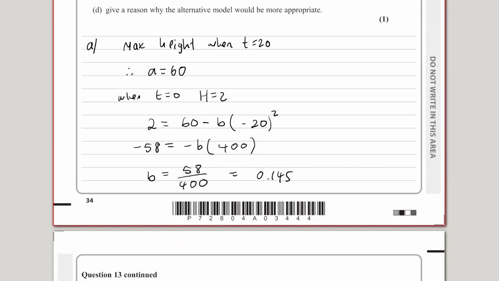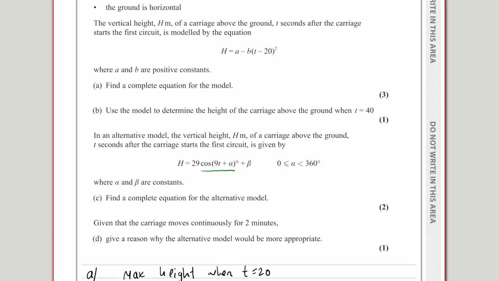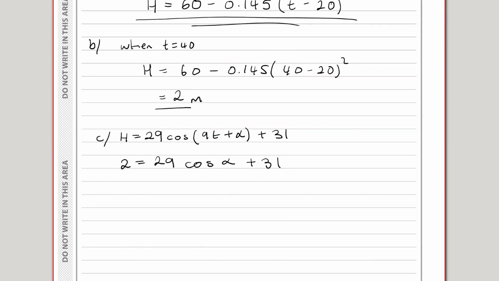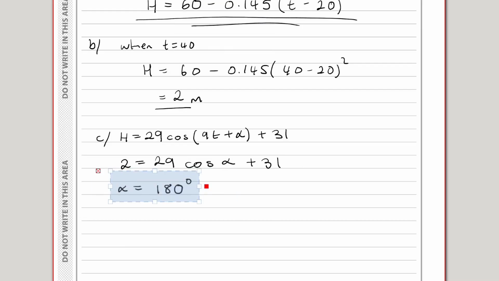So 180. Alpha's between 0 and 360. So we'll have 180 degrees. Let's put in a line of working out there.